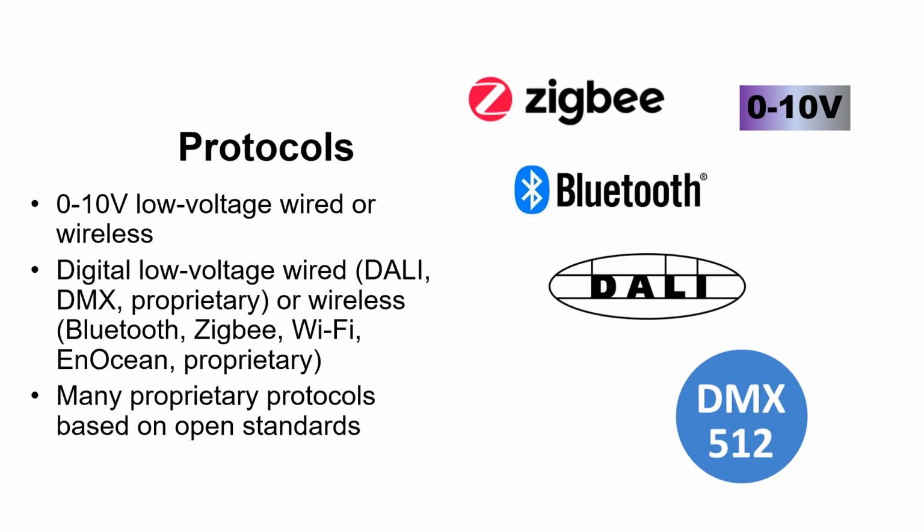Note that many protocols in the industry are proprietary, meaning they are specific to a single manufacturer. In many cases, these protocols are based on an open standard that was in turn optimized by the manufacturer for its control offering.